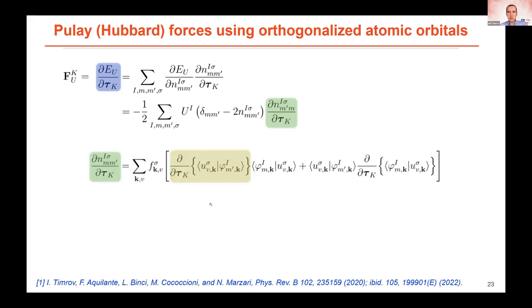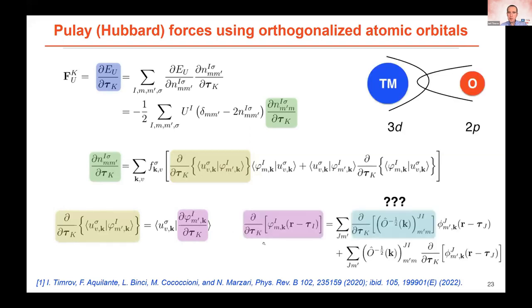It's this quite long expression, and the main quantity that we need to compute is this expression in yellow, the derivative of the scalar product between the lattice periodic part of the Kohn-Sham function u and the Bloch sums of the localized functions phi of m. That's why it has the index k. So this object is not so easy to compute. Actually, it can be shown that it's simply the scalar product of u and the derivative of the localized function with respect to tau.